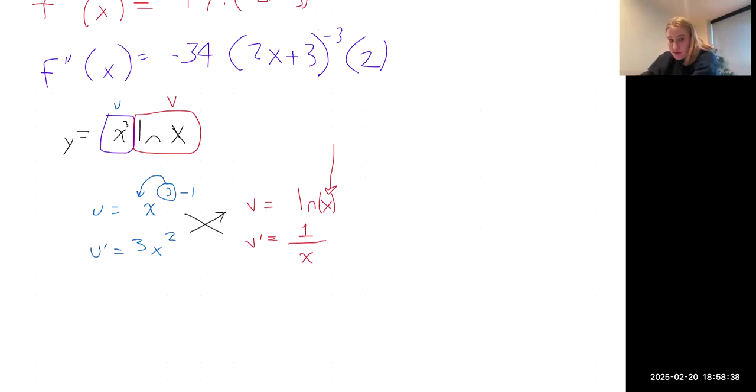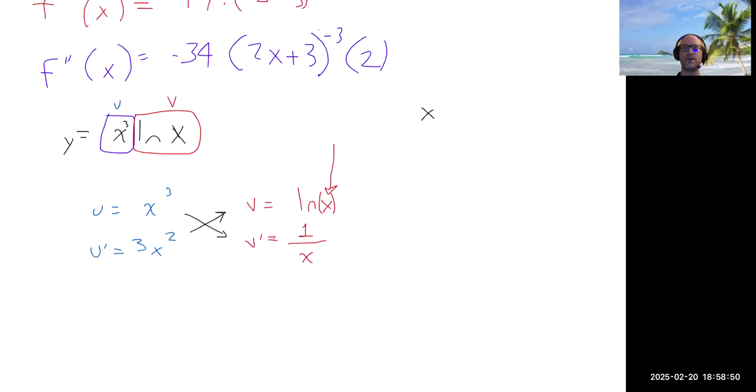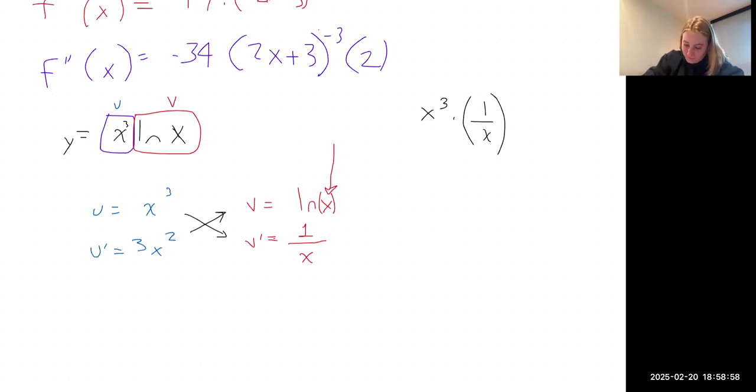You get the u, which is x cubed, times the v prime, which is 1 over x, plus. It's going to be a plus sign instead of a minus sign.